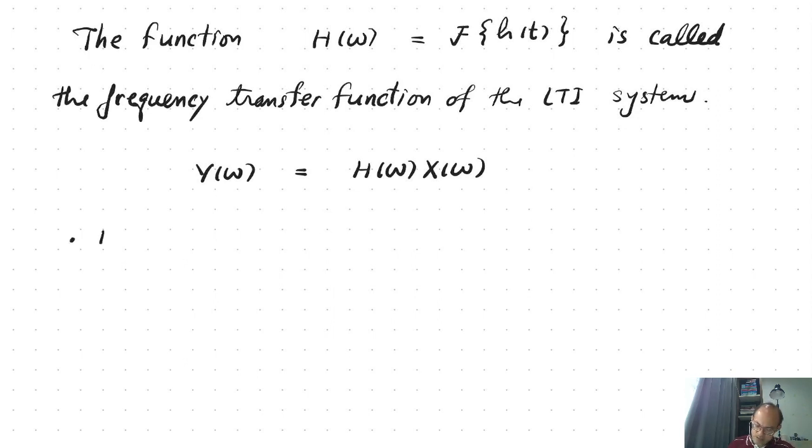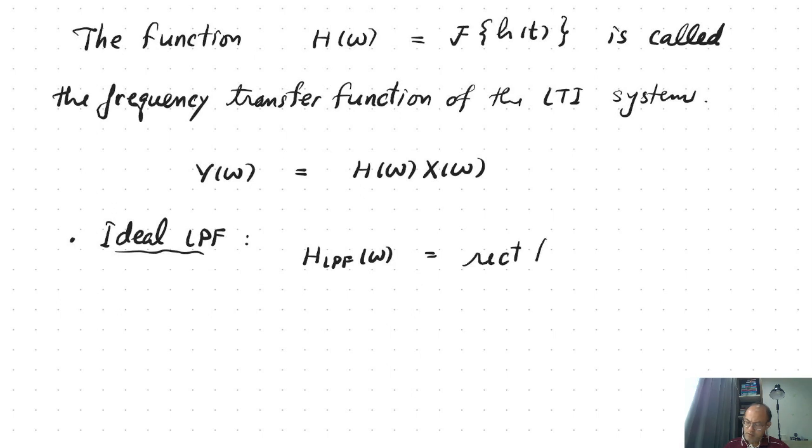Now, for an ideal low pass filter, if the LTI system is an ideal low pass filter, then the transfer function would be, as we discussed, the rectangular omega over 2 beta here.